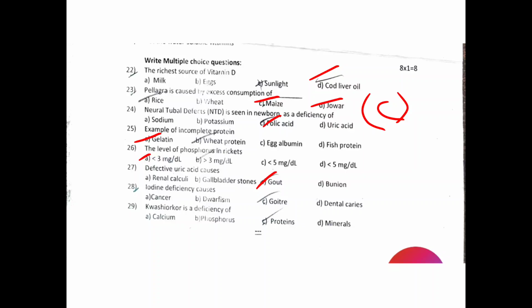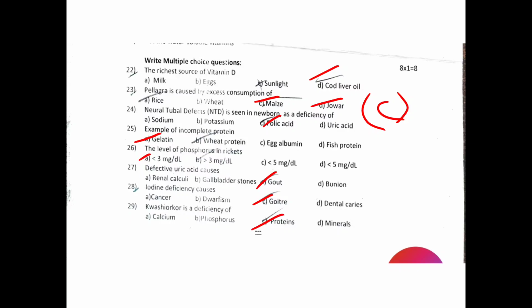Next, iodine deficiency causes cancer, dwarfism, goiter, dental caries. Iodine deficiency means goiter. Next, kwashiorkor is a deficiency of calcium, phosphorus, proteins, minerals.